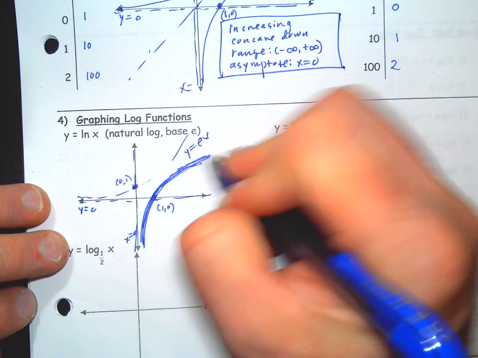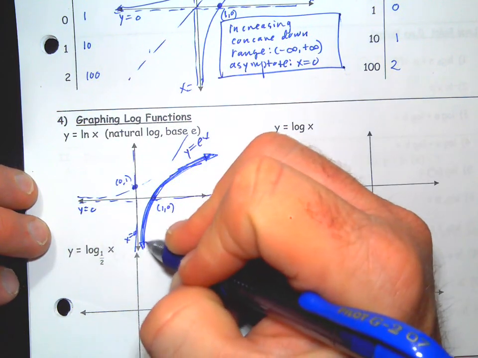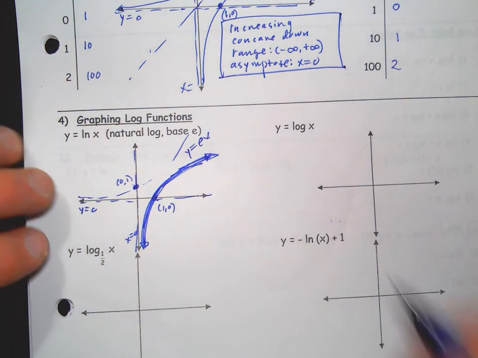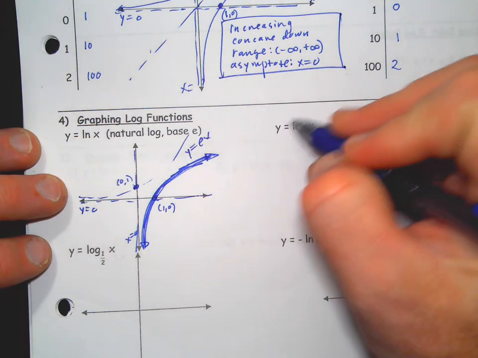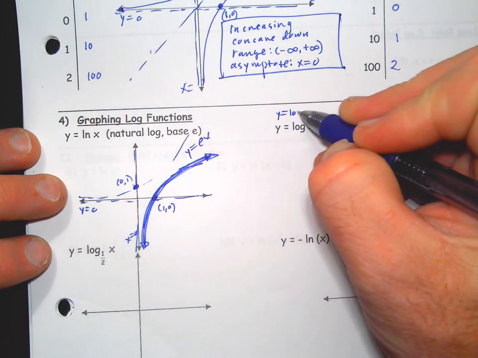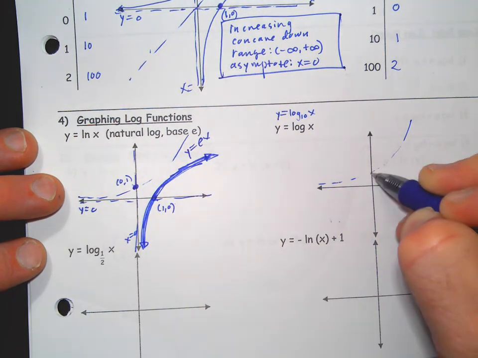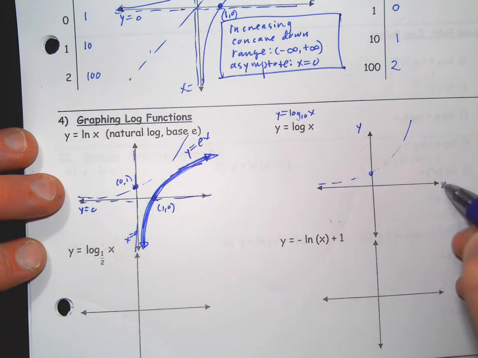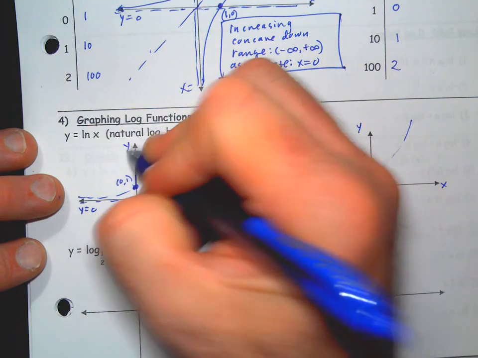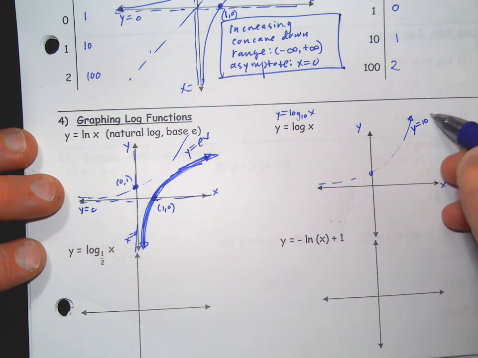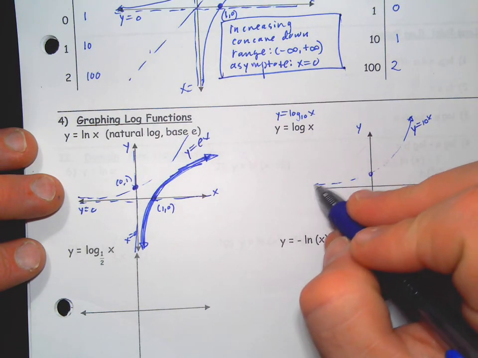It looks pretty much like a log base 10 graph. Log x is the same thing as log base 10 of x. I find if it's been a while and you don't remember what the graph looks like for log, you can always just start with exponential, which is pretty easy.